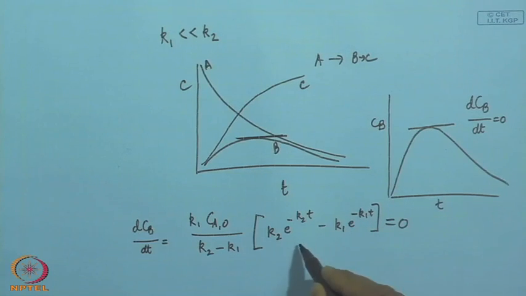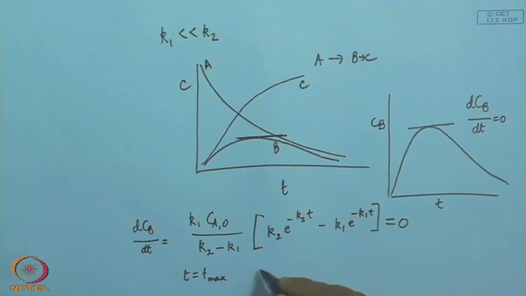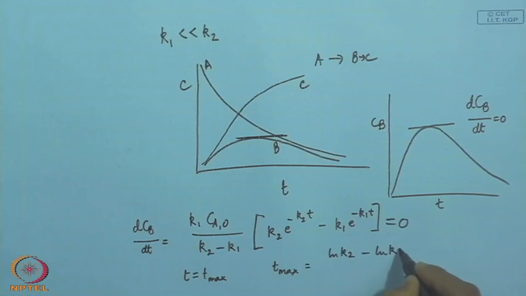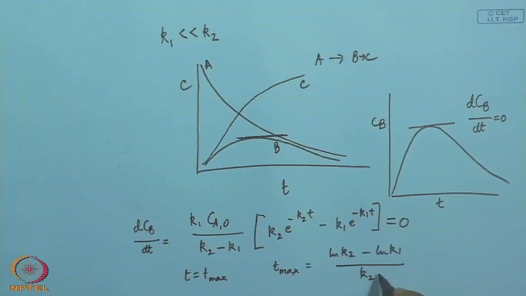Equal to 0 means this is 0, and this is 0 means T max, that is for t equal to T max. So, T max will be equal to (ln K2 minus ln K1) by (K2 minus K1).